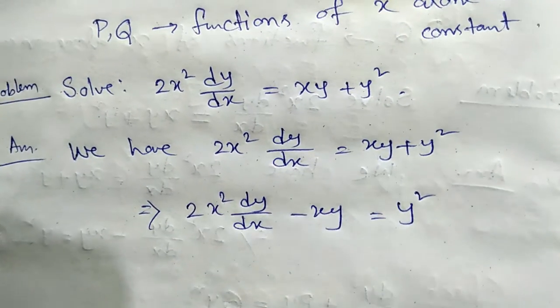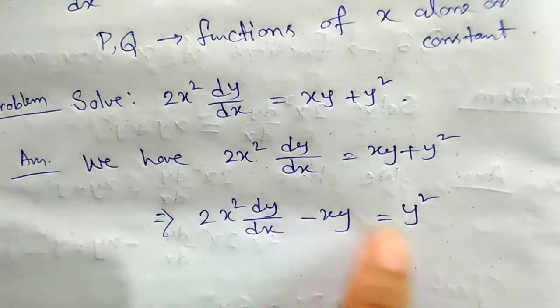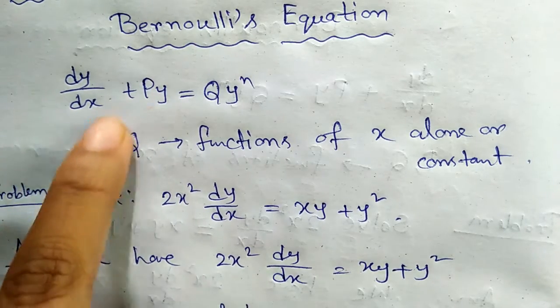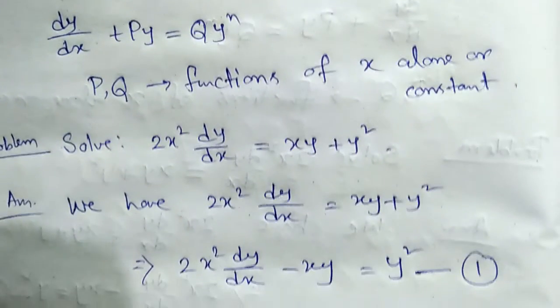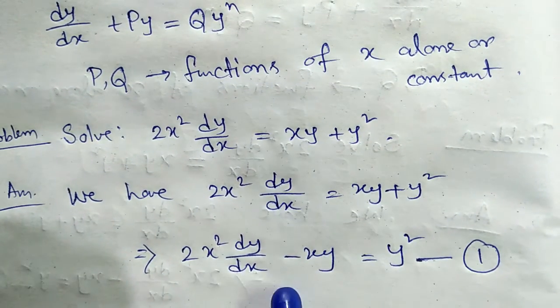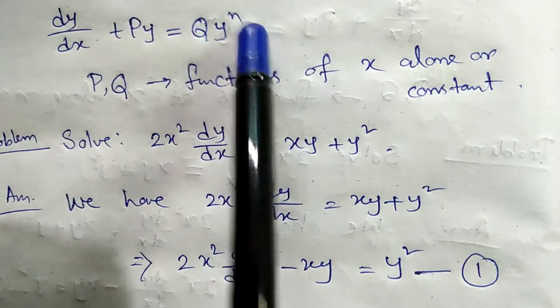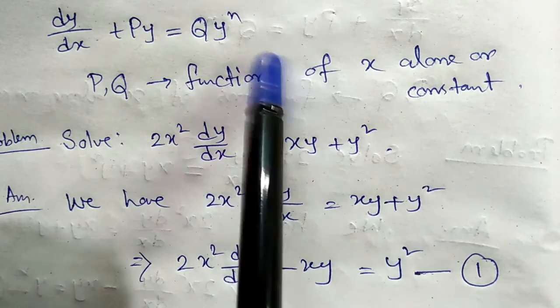So we can see that, suppose this is equation 1, comparing this equation with the form dy/dx + py = qy^n, we can see here p is -x and q is 1, and here y to the power n is y square, so n is 2.